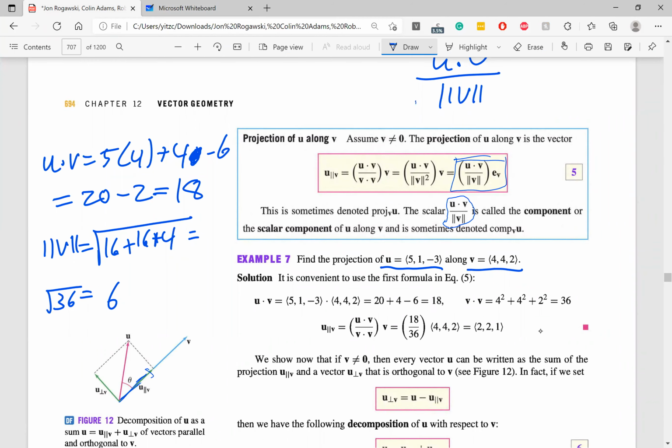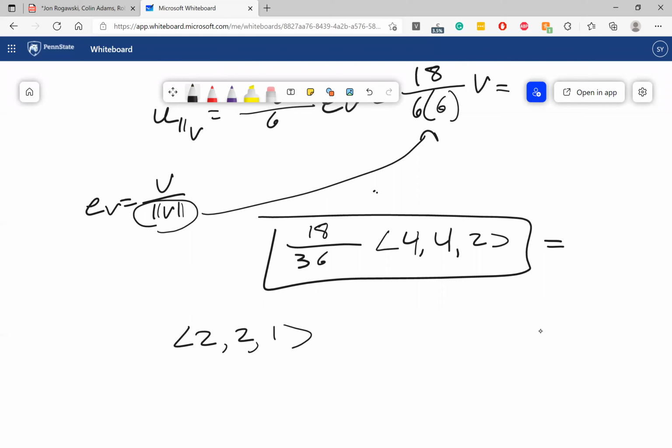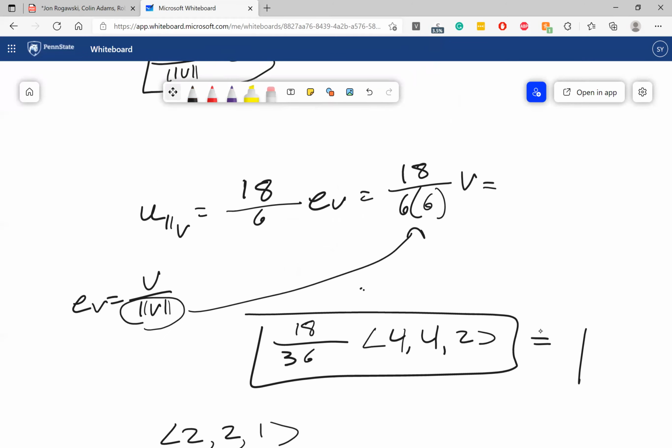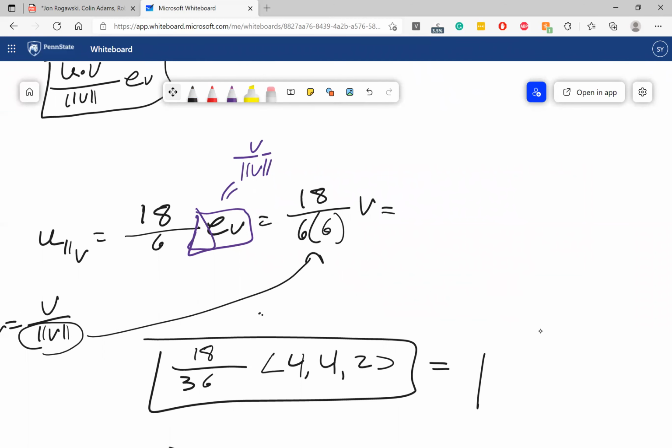Could you go over your work for a second? I'm still a little confused how you got the second 6 in the denominator, so this is 36. Yeah, so this EV is equal to V over the magnitude of V. We know the magnitude of V is 6. So this is really 18. Oh, I see. All right. Any other questions?